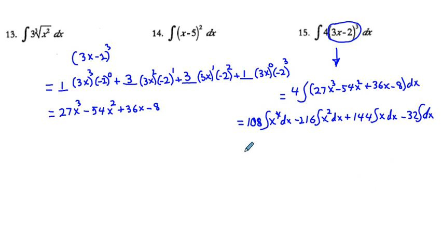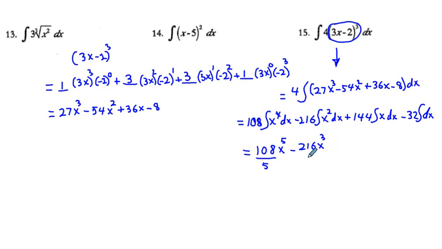Okay, we should be able to put everything together pretty well. And so the integral of 108 x to the 4th power dx is going to be 108 times x to the 5th power divided by 5. And then next we're going to have minus 216 times x cubed.